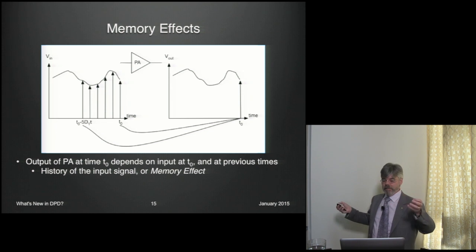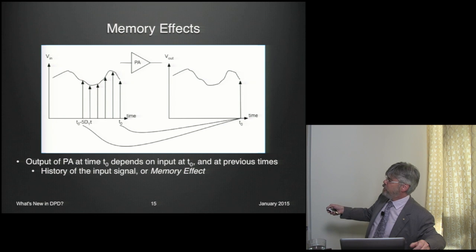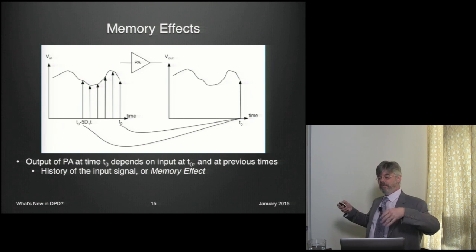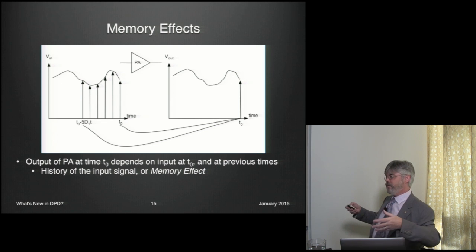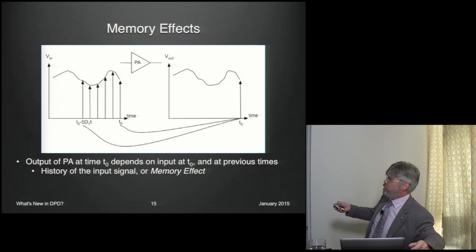An example of that might be if the input signal has been at high power for a long time and then drops in power. While it was at high power, the PA, not being 100% efficient, will warm up. Its gain is going to change a little bit, and so the gain will be a little bit lower because of the heat than you might normally expect just from this instant of input power.